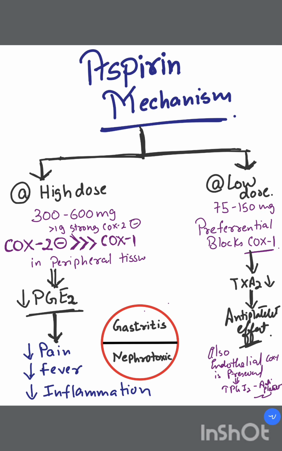Therefore, in our coronary artery disease patients or anybody who has cardiovascular risk, we prescribe low dose aspirin, that is 75 mg to 150 mg, because it preferentially blocks COX-1, which has its major effect on thromboxane A2 only. This particular thing is not dealt with in low dose aspirin. This is the duality of aspirin.